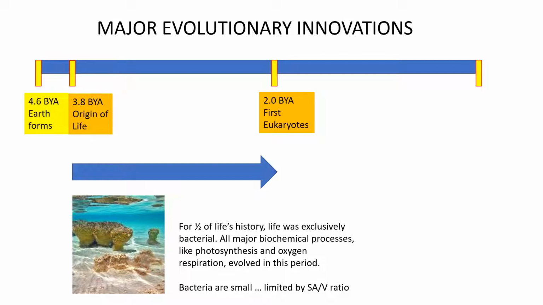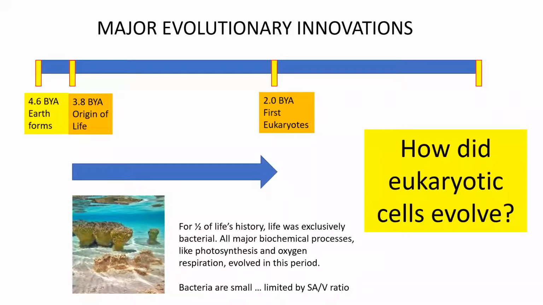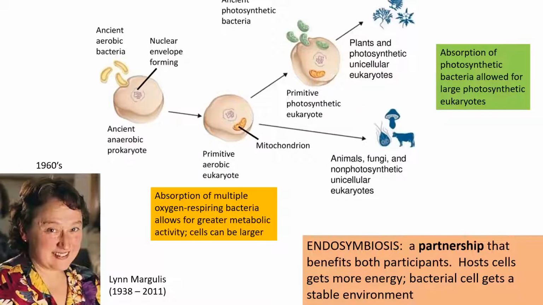All right, that's interesting. Where did the eukaryotes come from? Did they arise through some stepwise process of slowly accumulating these characteristics we see in our cells? Well, in the 1960s, Lynn Margulis suggested, no, I don't think it happened that way.